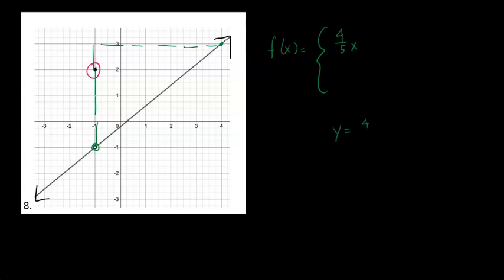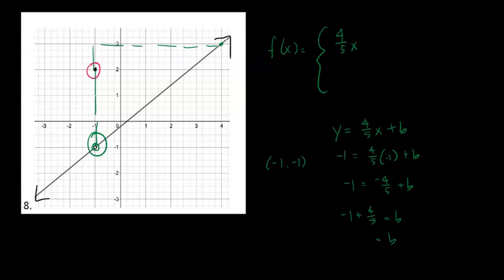Find the y-intercept for that. Y equals 4/5 x plus b. We're going to use that point, -1, -1. -1 equals 4/5 times -1 plus b. -1 equals -4/5 plus b. So -1 plus 4/5 equals b.